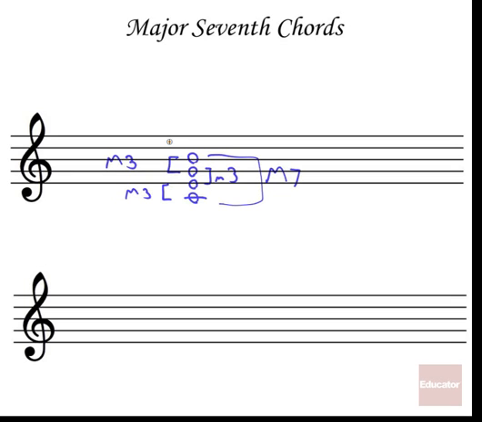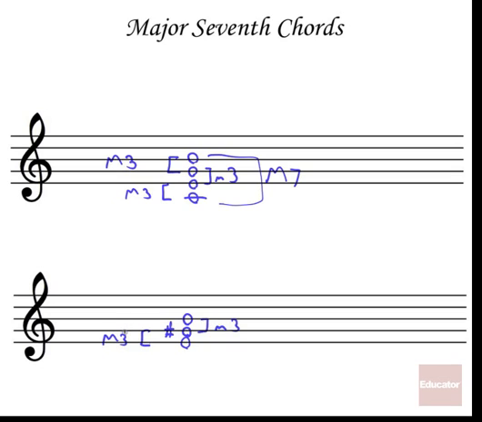What if we start with an E instead? The first thing we know we need is a major triad, so we can just use our triad knowledge to do that. Thinking about E major, we know that there's a sharp involved here, so we have E, G sharp, B. And just to check, we can make sure that this is a major 3rd and this is a minor 3rd.